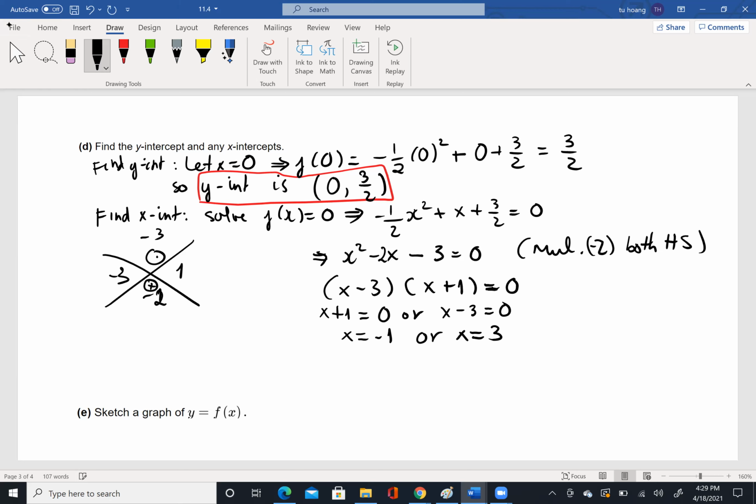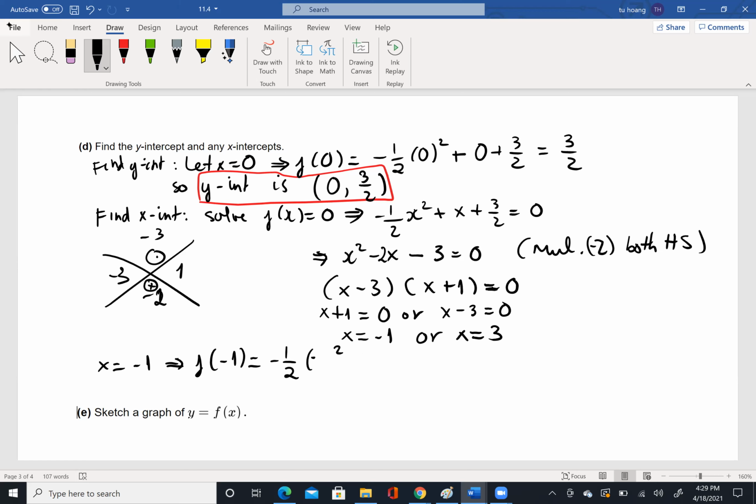Okay, so for x equal to -1, we have f of -1 will be -1/2 times -1 squared plus -1 plus 3/2, and then I have 0. Oh, actually I don't have to do this.